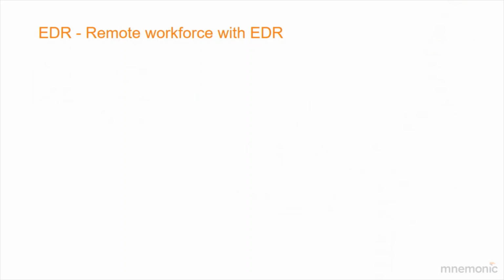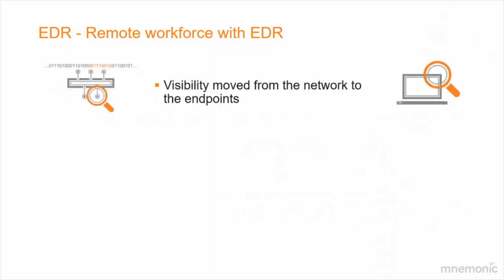Going back to one of the first slides, where I mentioned the challenges with having a remote workforce and how EDR can help you with that. By having an EDR, you increase the visibility on the endpoints, especially on the network part, given that you are actually at the endpoint. For instance, end-to-end encryption is not so much of a problem at the endpoint.